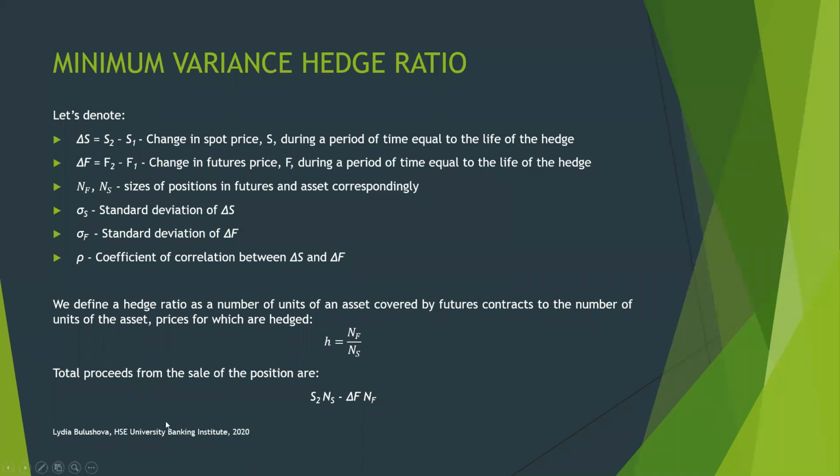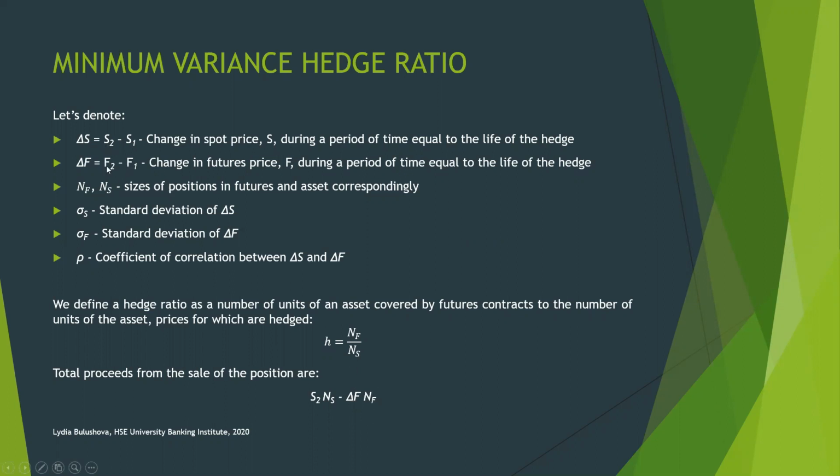So, total proceeds of the sale. I have an asset. If I sell it, I'll get this amount of money. And I had an obligation to sell at a fixed price, and this obligation, if the price increases here, generates a loss.